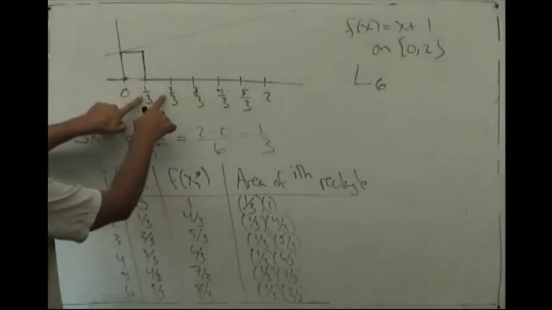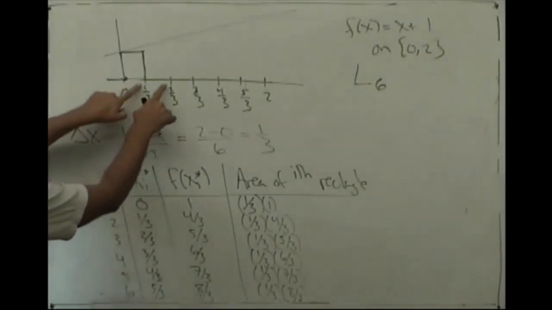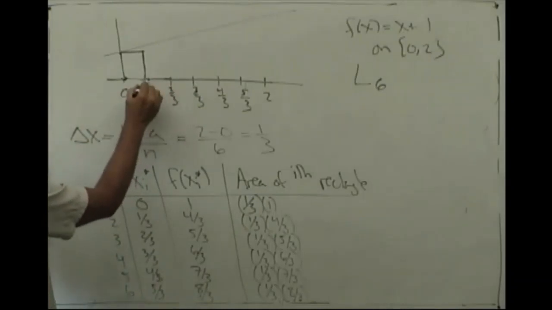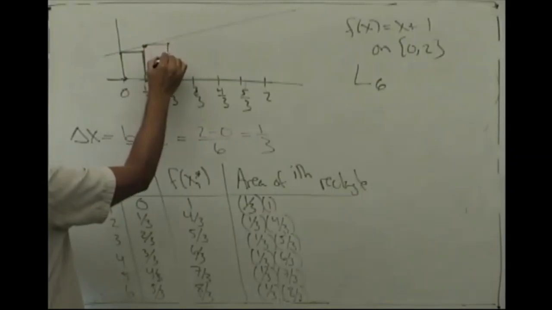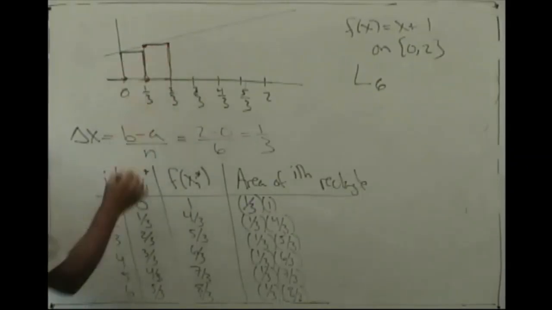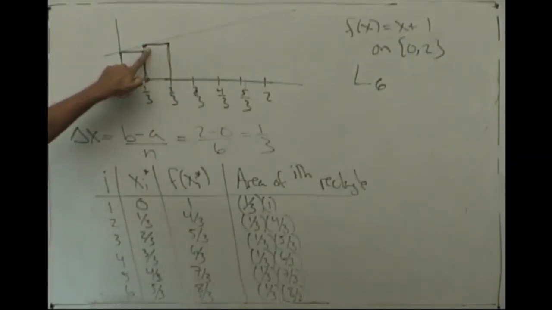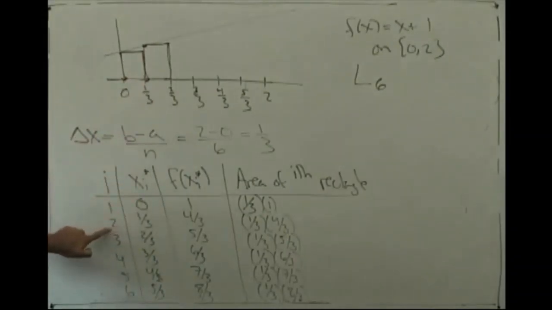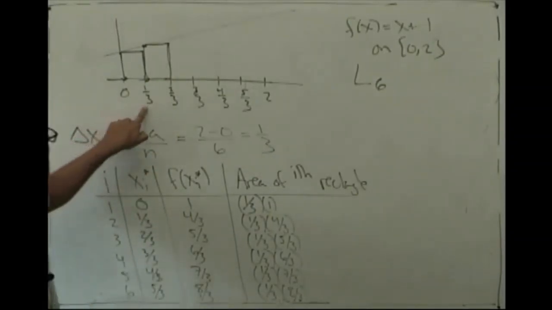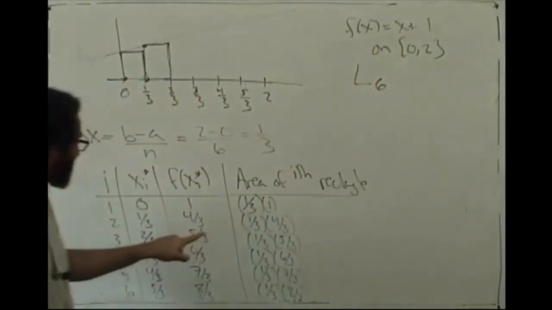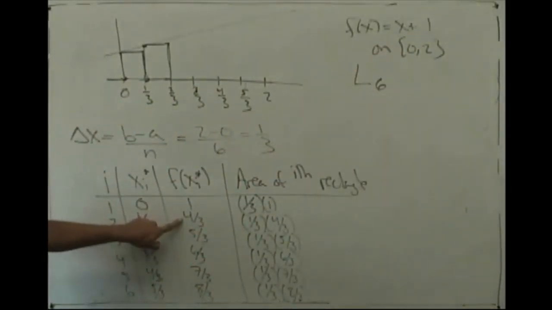And now for the second subinterval, I'm going to use the left endpoint of the subinterval to determine the height of my second rectangle. So there's what my second rectangle is going to look like. And so for the second, when i is equal to 2, the width is 1/3. The height now is going to be, take 1/3, plug it into the function, so I get 4/3. That's where this comes from.